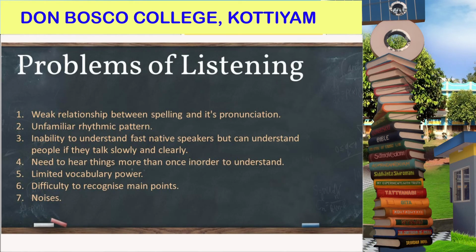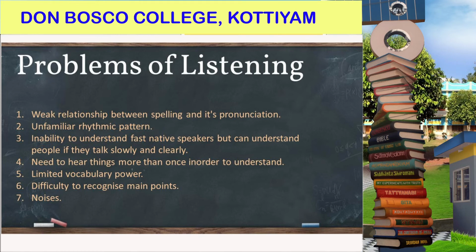Okay, now let's check the problems of listening. In the case of English, the first problem of listening is the weak relationship between English sounds and the way they are spelled. You people may know that English is an unphonetic language. What do you mean by an unphonetic language?